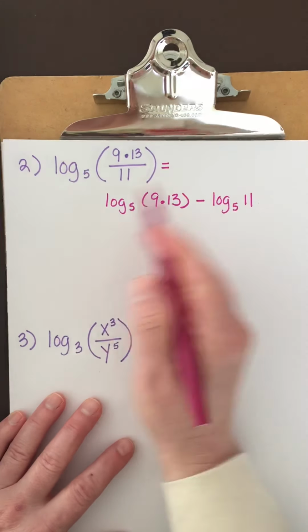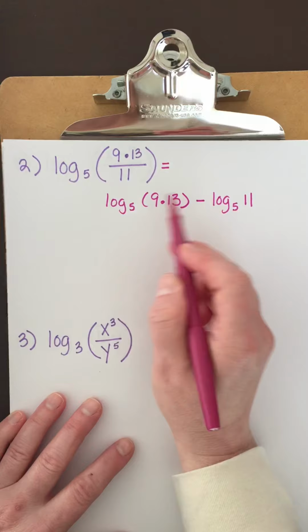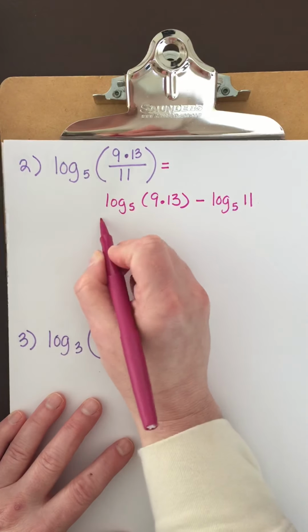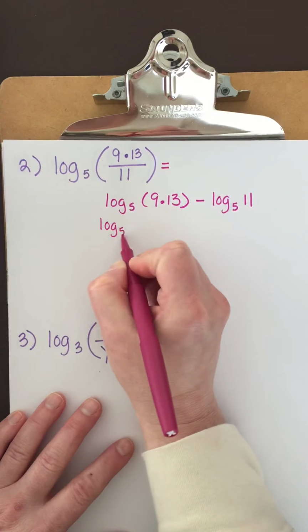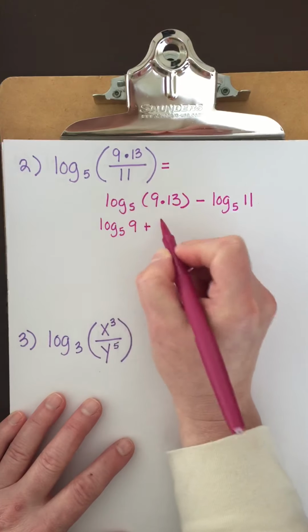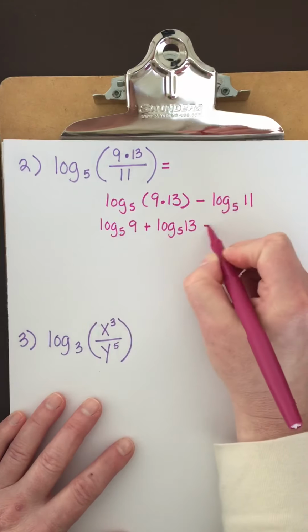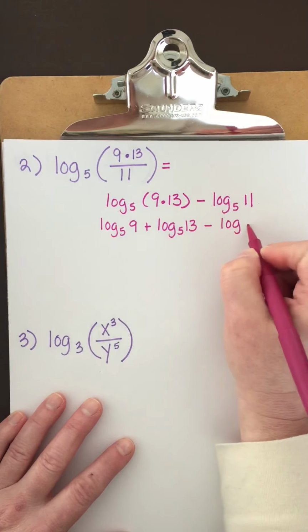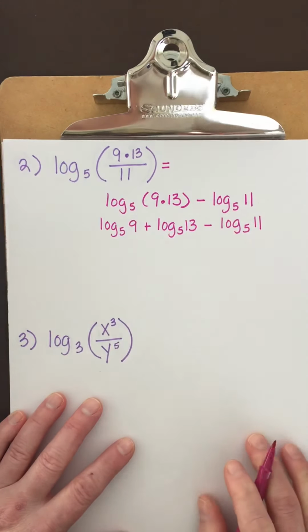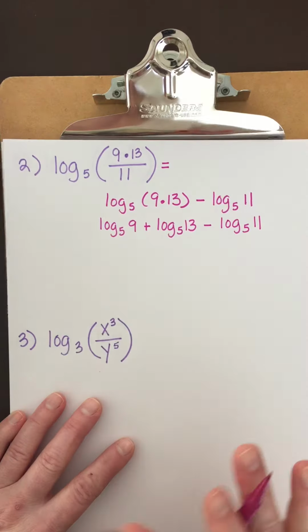All right, so I use the quotient rule, and here I have a product, so I'm going to use the product rule. So this would be the log base 5 of 9 plus the log base 5 of 13. And I'm just going to bring down minus the log base 5 of 11. And that's as far as I can simplify that one, so I'm finished.